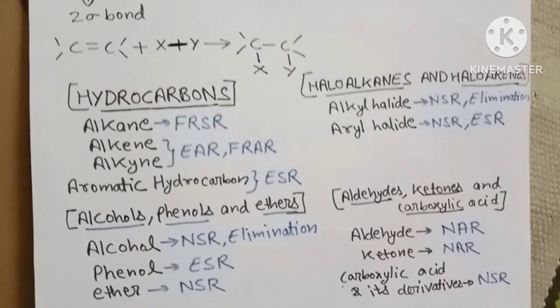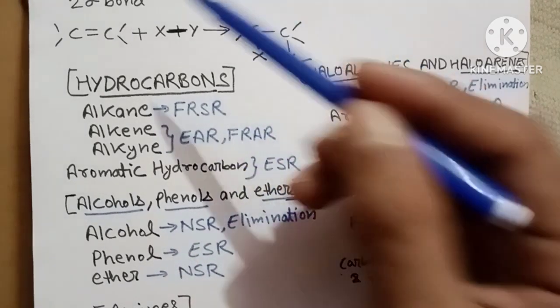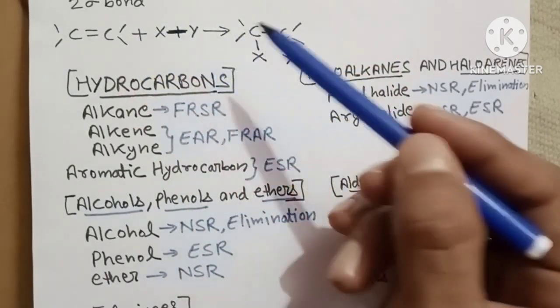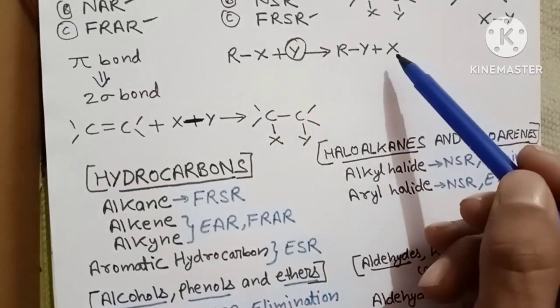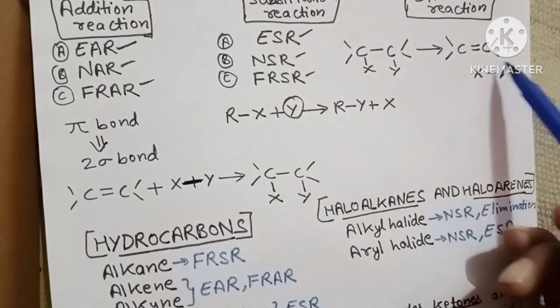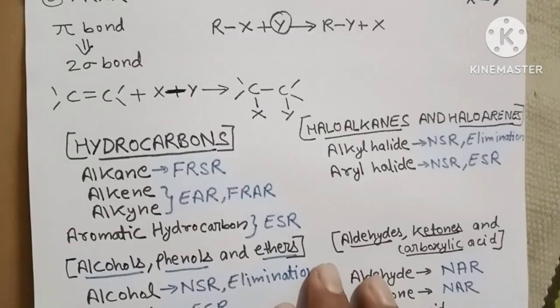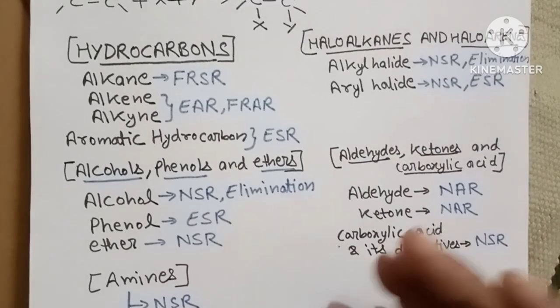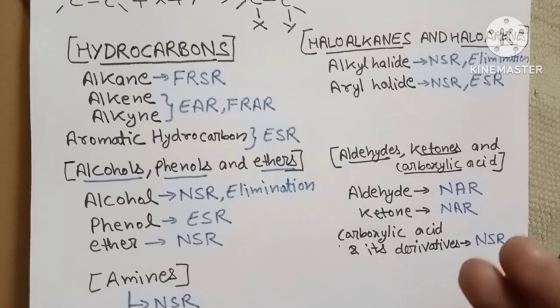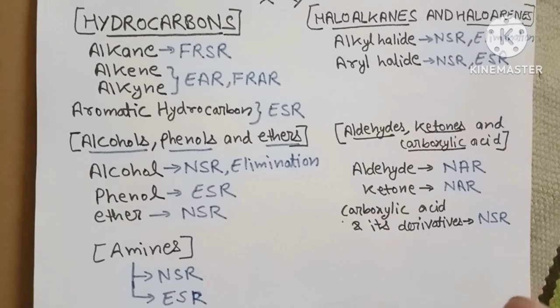So the basic thing is what happens if the addition takes place, and what happens if the substitution takes place, and what happens if the elimination takes place. So we have seen the different reactions, how they happen, and the mechanism of different reactions, how they will come across.